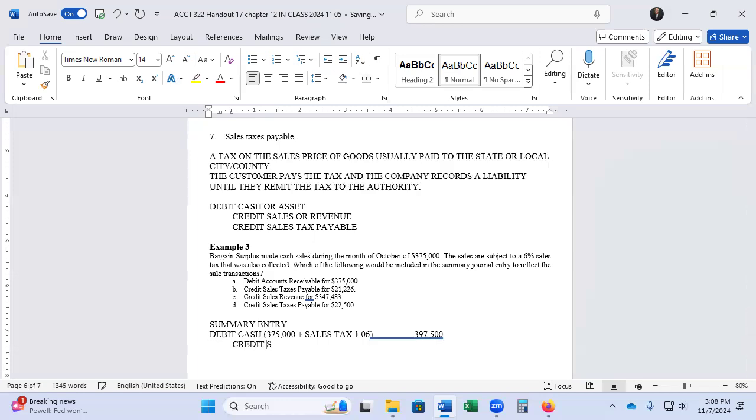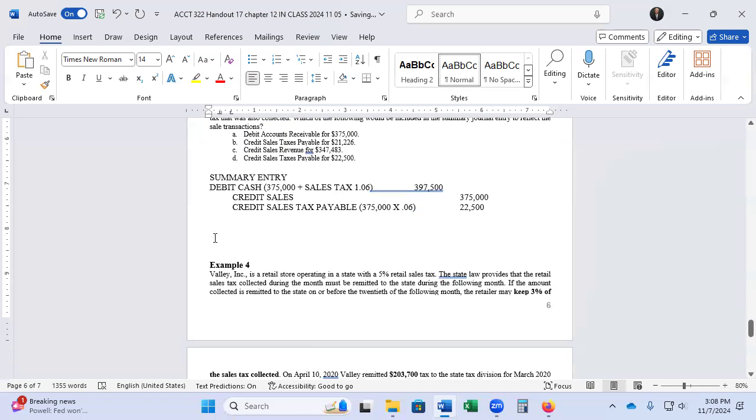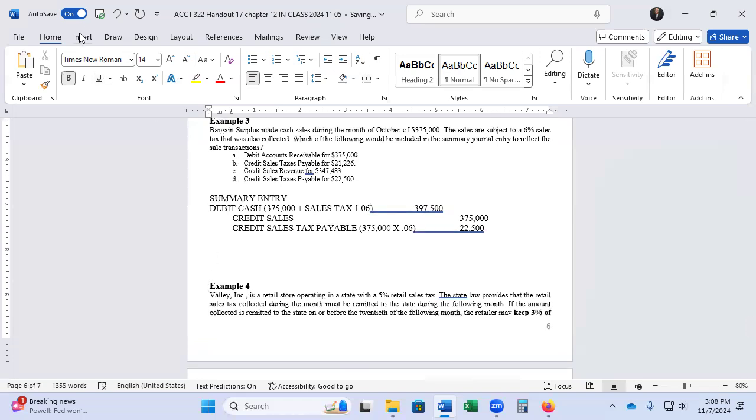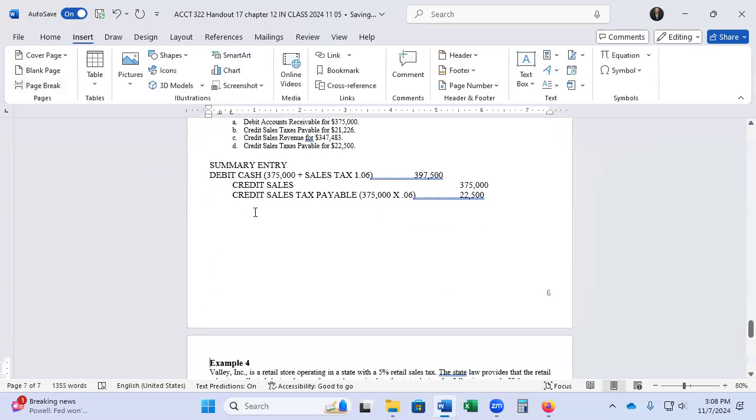Then we credit sales $375,000, and credit sales tax payable of $22,500. This should be 375 times 0.06. Any questions there?